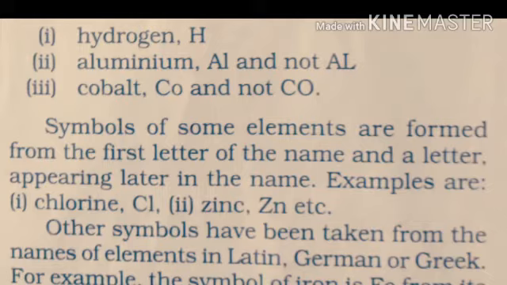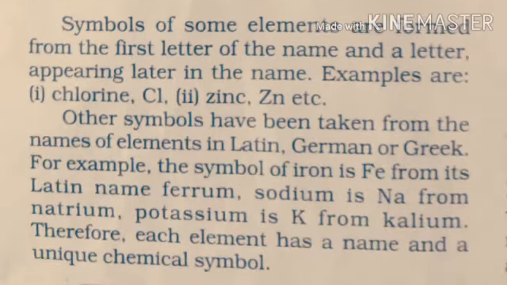Cobalt, capital C, small o, and not as capital O and small o. The symbols of some elements are formed from the first letter of the name and a letter appearing later in the name. For example, chlorine Cl, zinc Zn, etc.